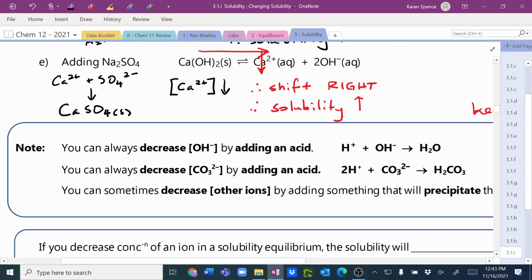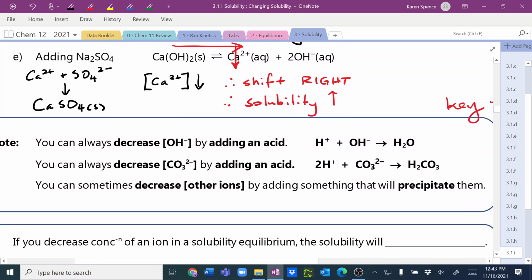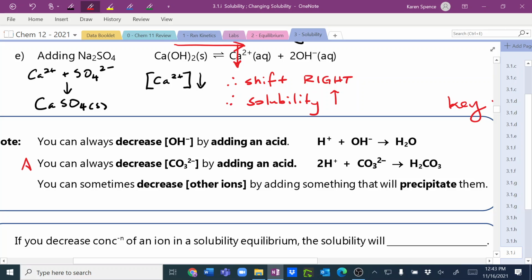Now you should note that you can always decrease hydroxide by adding an acid. I think you guys are getting really good at recognizing that, okay? This one here is something new, possibly for you. You may know this from before or you may not. You can always decrease carbonate by adding an acid.